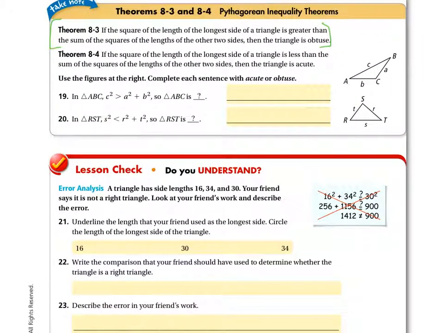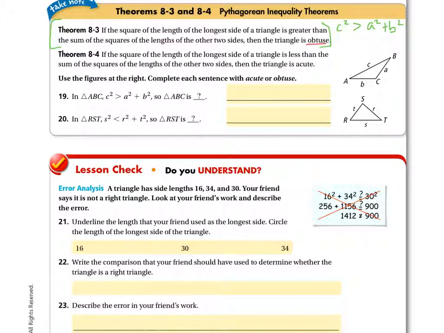So I'm going to write over here to the side what they just said. If the length of the longest side, which is the longest side, A, B, or C? So they're saying if C squared is greater than A squared plus B squared, then your triangle is obtuse.